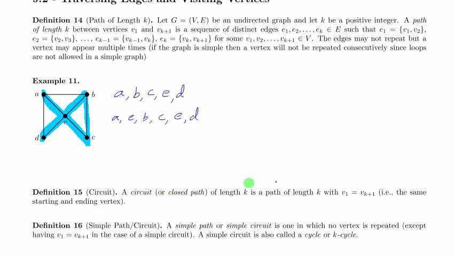A circuit or a closed path of length k is a path of length k where the starting and ending vertices are the same. So for instance here, if I were to just continue on from D to A in either of these, then that would give us a circuit or a closed path.